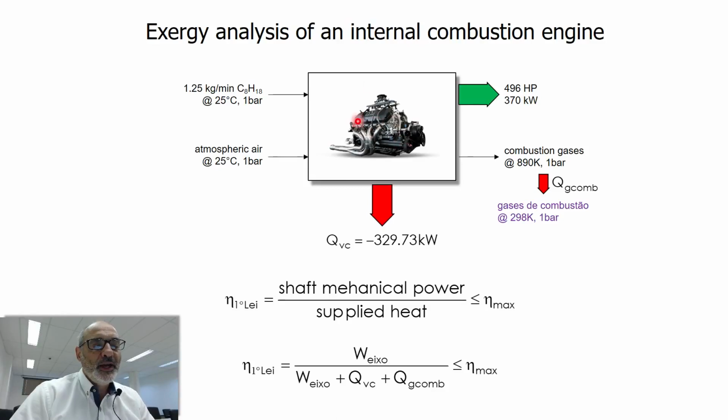If we had a Stirling cycle, this efficiency is the maximum efficiency. Mechanical shaft power is actually this number here. Sorry, I forgot to translate everything that was in Portuguese. Sorry for half Portuguese, half English in this slide.